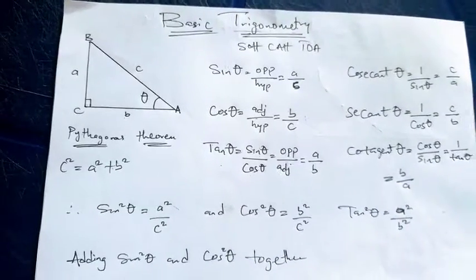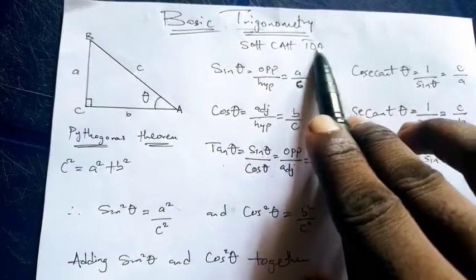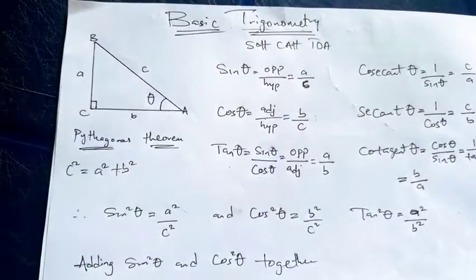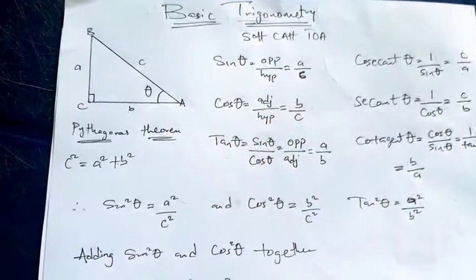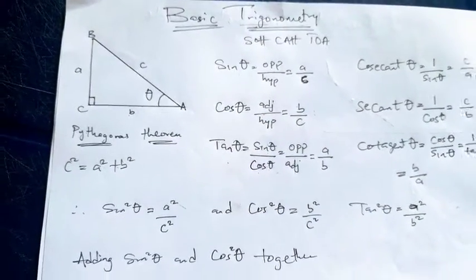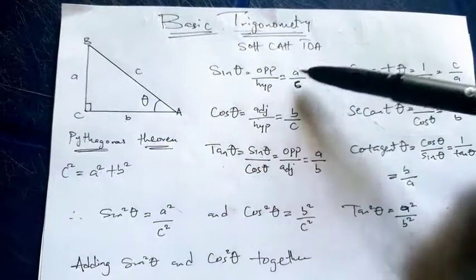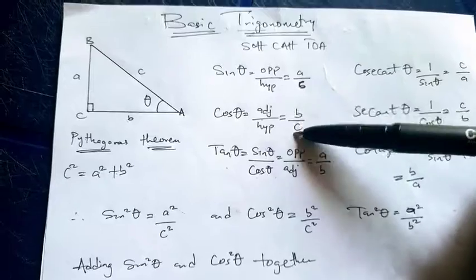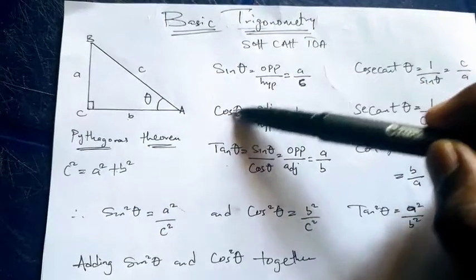And for the tangent, from here we see that it's given as opposite over adjacent, which is a over b. Now, there is a trigonometric identity that goes with this opposite over adjacent, which is dividing a over c by b over c, which is the sine theta over the cos theta.